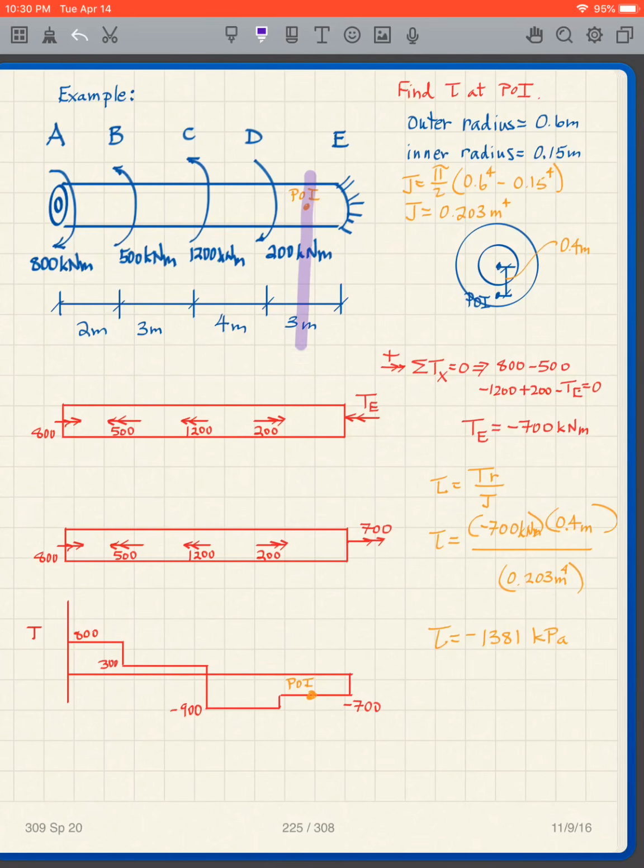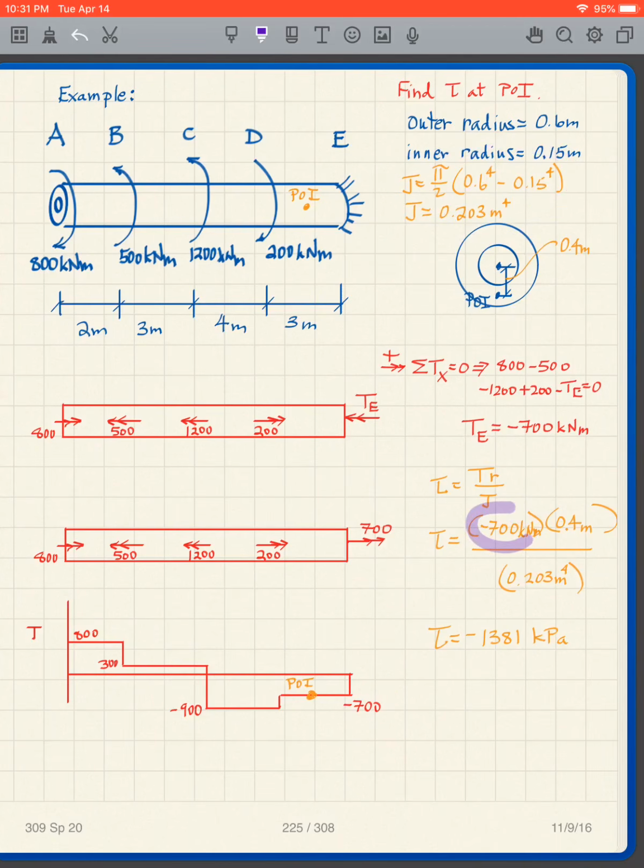And notice my point of interest is in this region, which means I'm in the region where the torque is negative 700. So when I apply my expression tau is equal to TR over J, I use the negative 700 for the T. That's this value on the torque diagram. The J is pi over 2 times c outer to the 4th minus c inner to the 4th. That was all given. And I get J is 0.203 meters to the fourth.